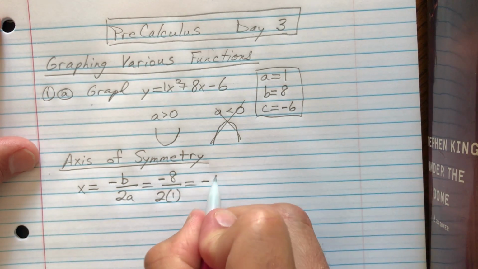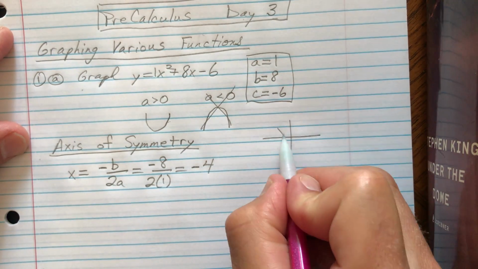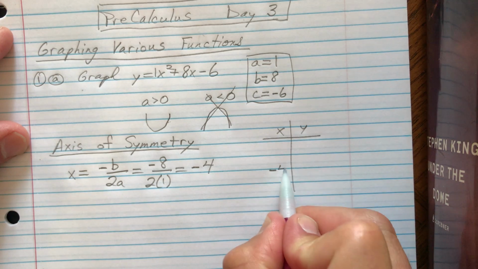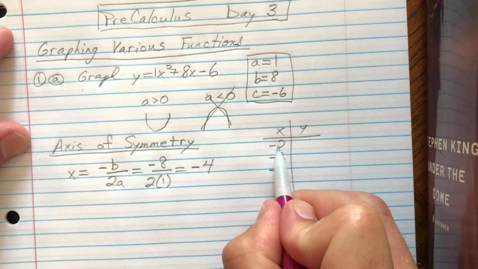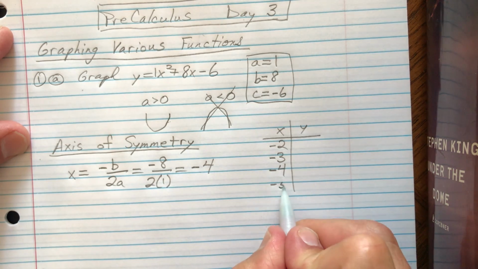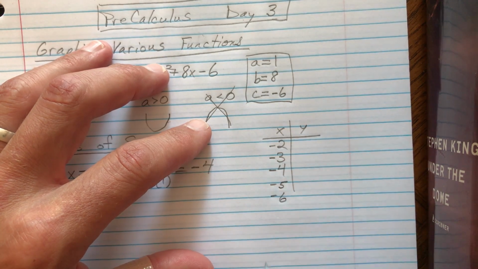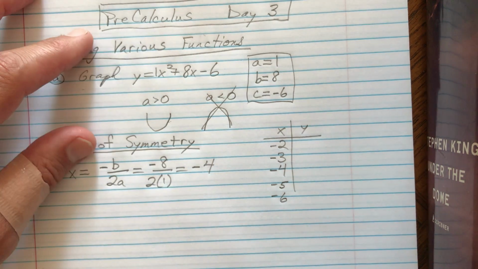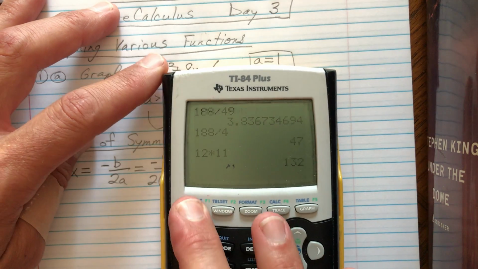So that's negative 4. So we know that on a table for this parabola, negative 4 should be right in the middle. Negative 3, negative 2 will be on one side, negative 5 and negative 6 will be on the other. So then I would just use the calculator to verify that and find the other points.